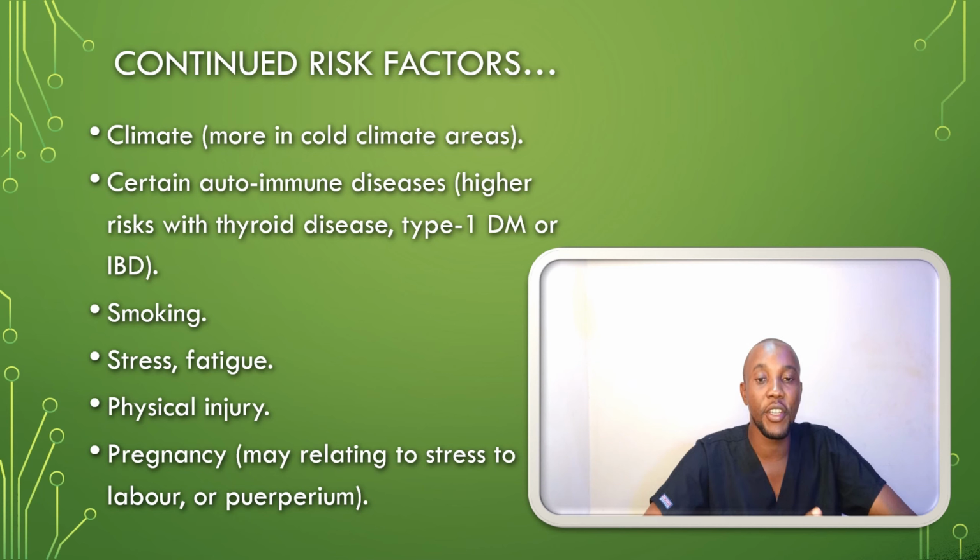Patients with these autoimmune diseases are also very highly likely to develop multiple sclerosis. Smoking also predisposes one to develop multiple sclerosis. Stress and fatigue are also predisposing factors. Physical injury is another predisposing factor. Pregnancy is also a risk factor which can predispose one to develop multiple sclerosis.